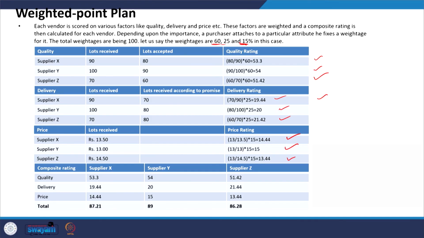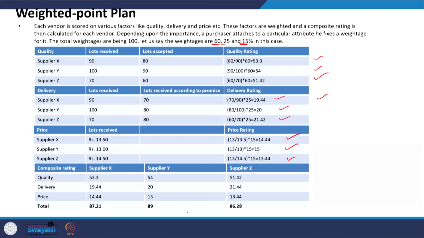Now, you have got all these values. The composite rating for suppliers X, Y and Z is 53.3, 54 and 51.42 for quality, delivery 19.4, 20 and 21.44, and price 14.4, 15 and 13.4. If I total it up, supplier X becomes 87.21, supplier Y 89, supplier Z 86.28.